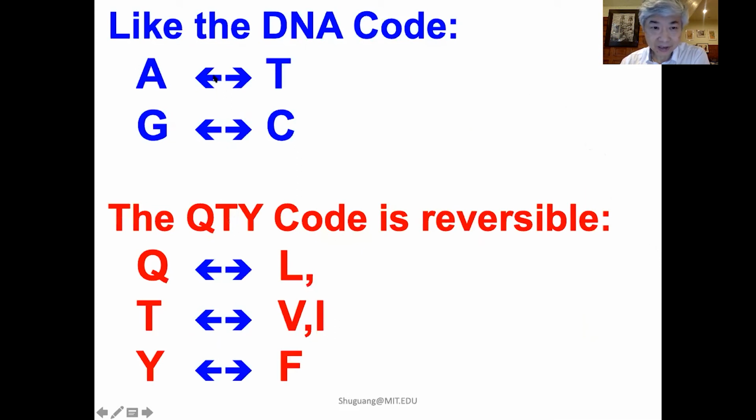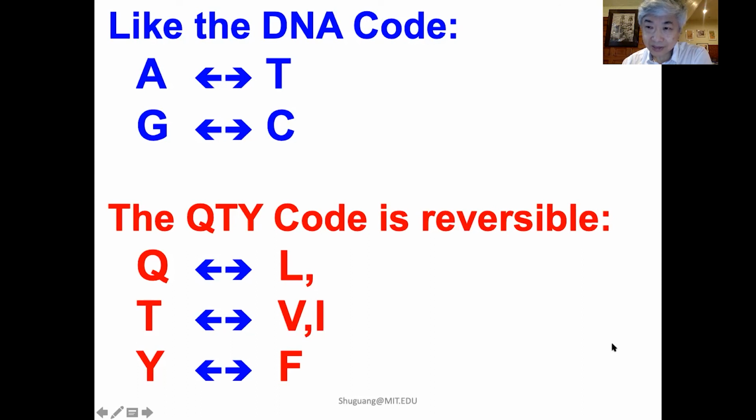There's A paired with T, G paired with C. The QTY code is also reversible. The Q can pair with L, the T can replace V and I, which is isoleucine, and the Y replaces F. And it's also bidirectional: you can change L into Q, and Q can also be replaced by L. So that's a very powerful, simple code.